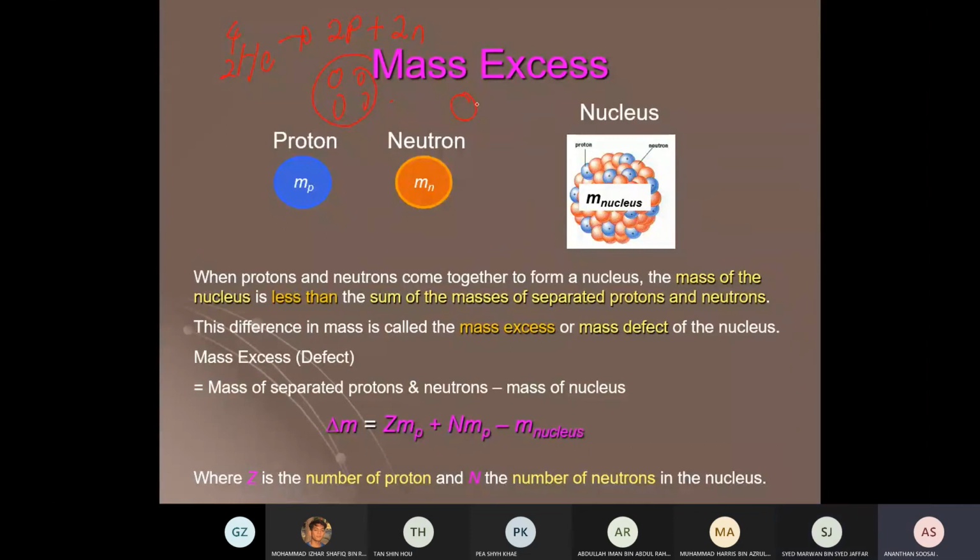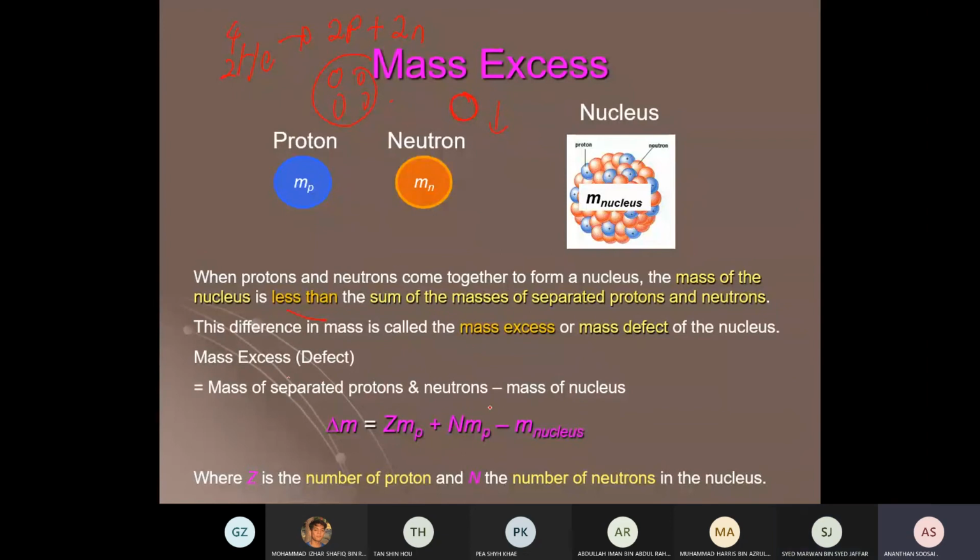Scientists found that the mass of the helium is smaller than the mass of the 4 nucleons. They found the mass of the nucleus is slightly smaller than the mass of the individual nucleons. So some mass disappeared. So when protons and neutrons come together to form a nucleus, the mass of the nucleus is less than the sum of the masses of the separate protons and neutrons. This difference in mass is called mass defect or mass excess.